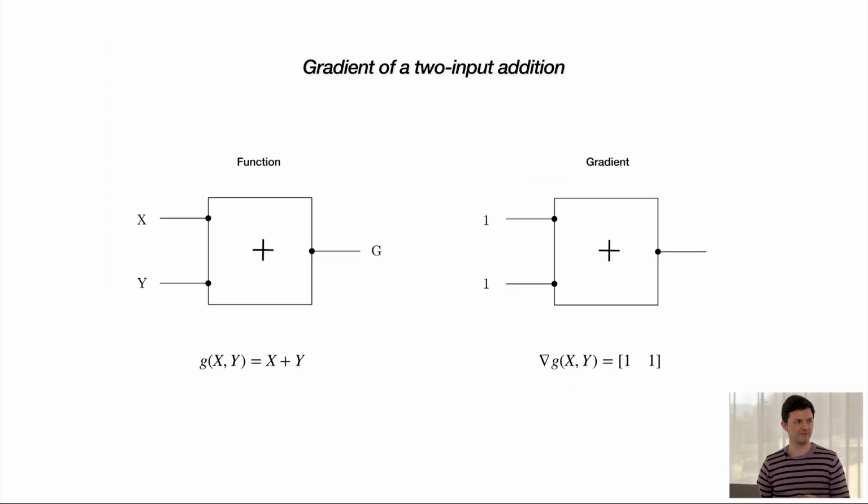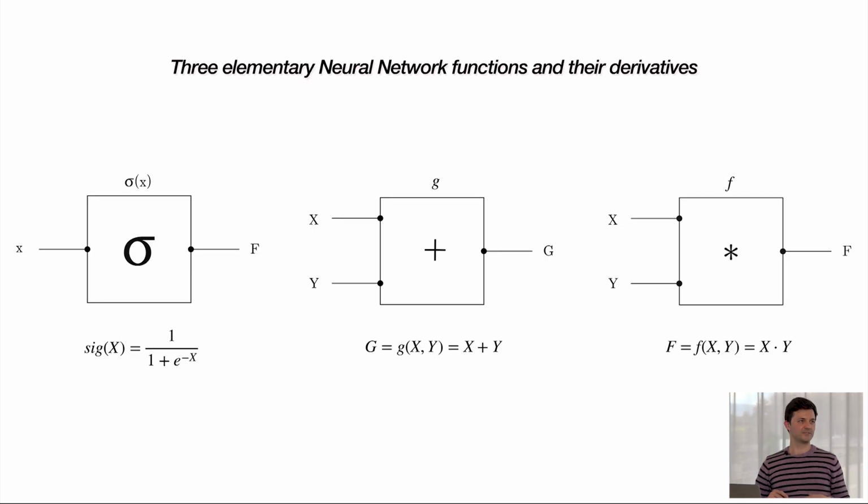As you can see on the left, for the function g of x and y, which simply adds two inputs, x and y, we have a representation which shows us both gradients. This is just a vector of two ones. So now we come to a very nice part. We already analyzed these three equations, and by knowing these three functions, you're able to construct many machine learning models, especially neural network models. The only thing that we need to know is the derivatives of these functions.